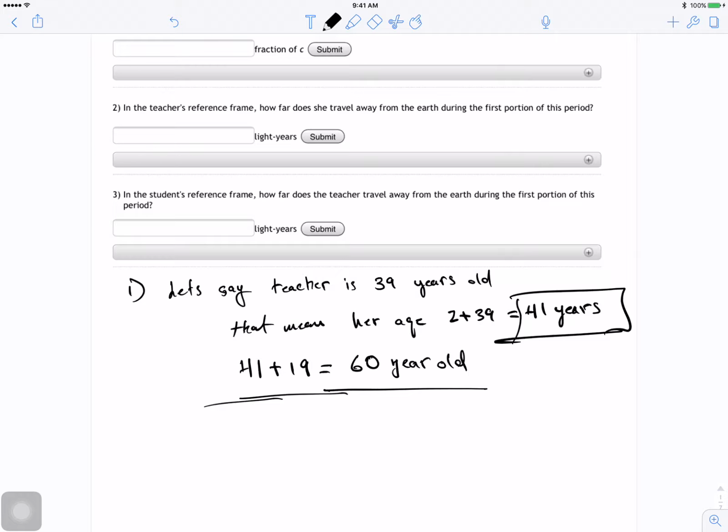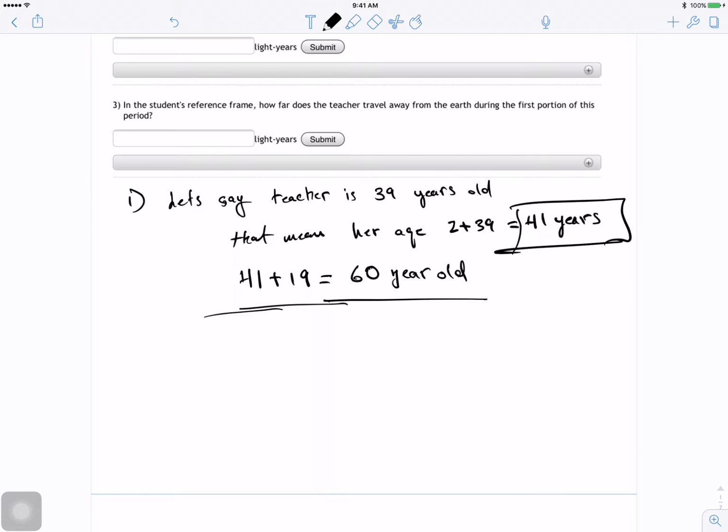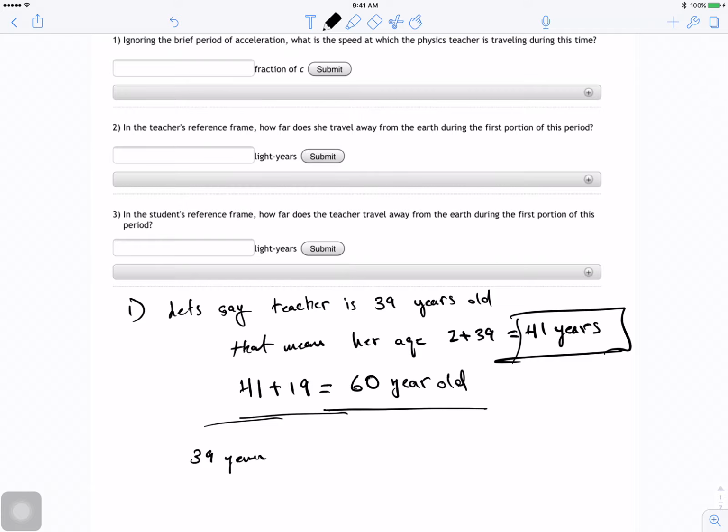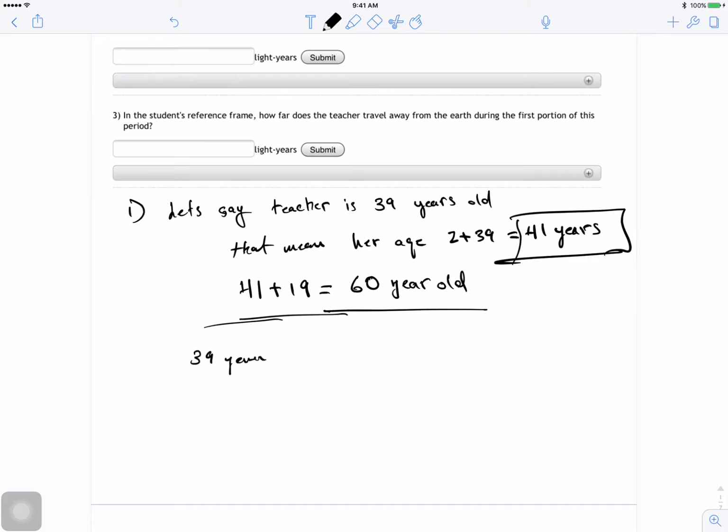That's how old her student should be if she wants to be 19 years younger than her student. If the teacher was 39 and the student is 19 years younger, as stated in the question, that means the student is 20 years old. That makes sense.